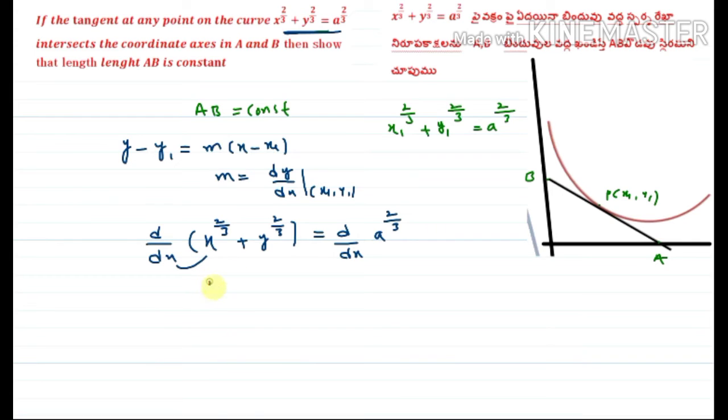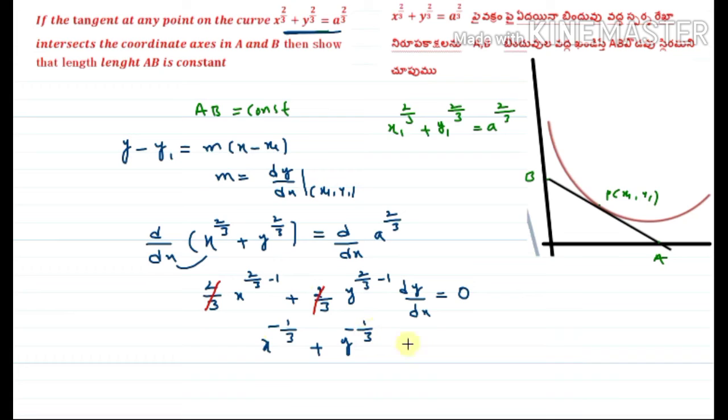The derivative of x to the power of 2 by 3 is 2 by 3 into x to the power of 2 by 3 minus 1, plus the derivative of y to the power of 2 by 3 is 2 by 3 y to the power of 2 by 3 minus 1 into dy by dx, that is equal to the derivative of the constant a, which is 0. Again here this 2 by 3 and 2 by 3 get cancelled. So x to the power of 2 by 3 minus 1 means, after simplification, x to the power of minus 1 by 3 plus y to the power of minus 1 by 3 into dy by dx is equal to 0.